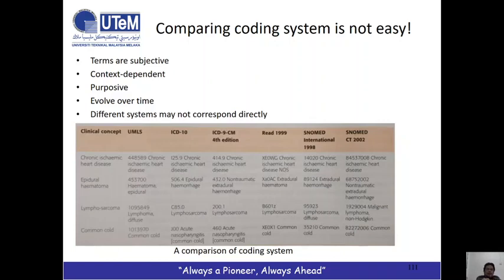So healthcare organizations are also very choosy in awarding a healthcare information system project to a certain vendor, because if the vendors are not familiar with the coding standard, or don't follow the coding standard of healthcare information systems, the system will become a problem in the future. It requires very thorough planning, and also a thorough evaluation of the healthcare information system to be purchased by the healthcare organization.